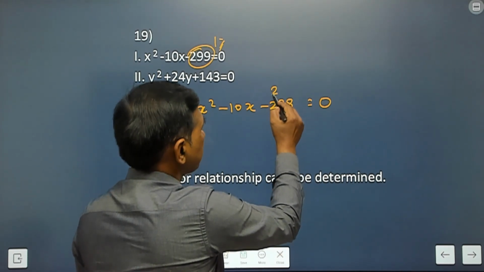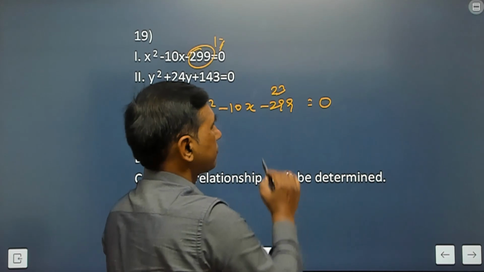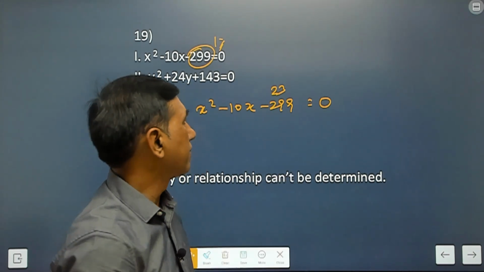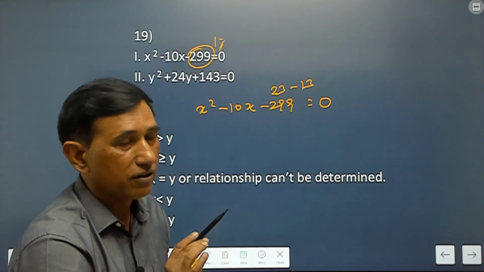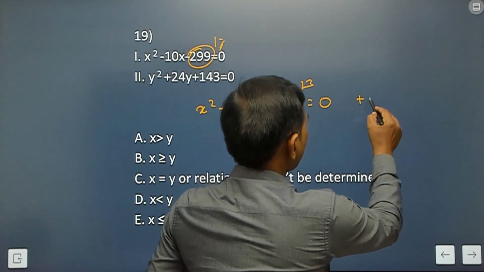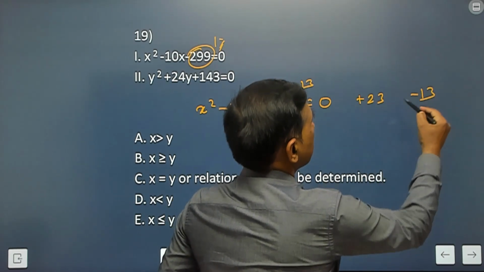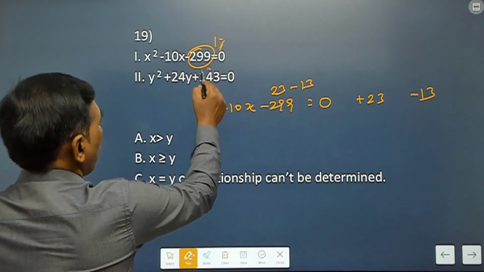13 2s are 26, 13 3s are 39. So 23 minus 13 is giving you 10. So your roots will be plus 23 and minus 13. Here 143.